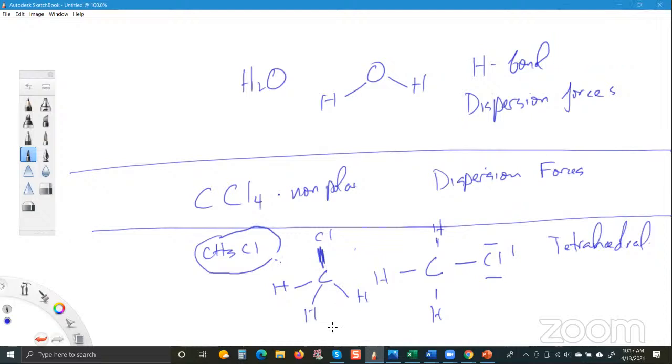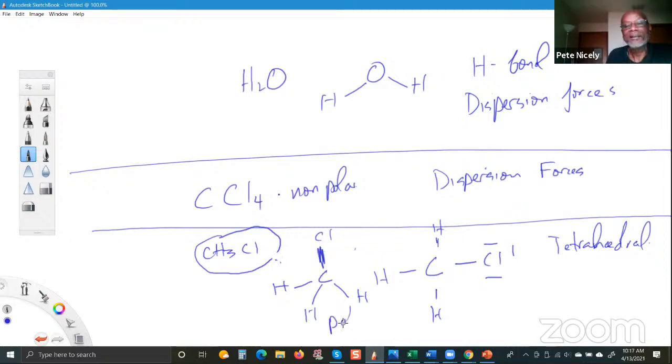Yes. Exactly. So if the molecule is polar, then what type of intermolecular forces do you expect within this substance?